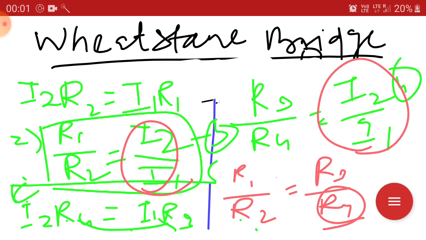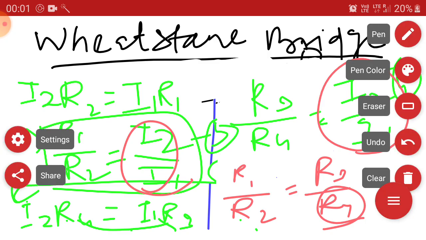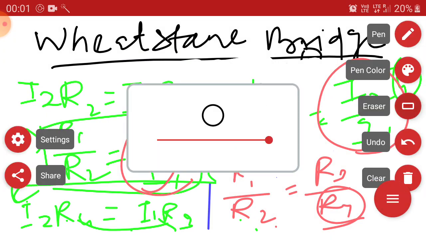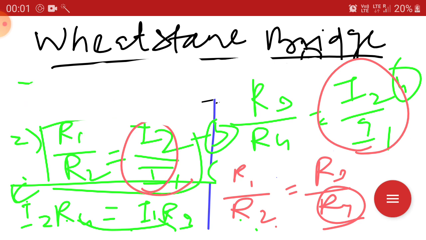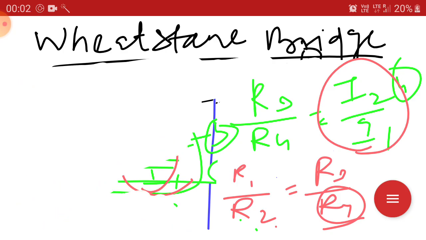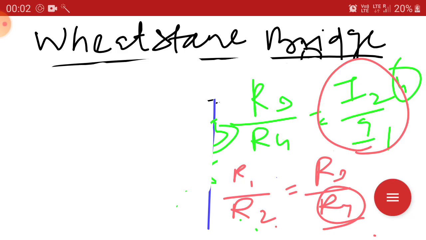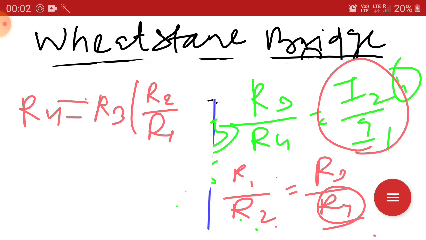So here we have taken R4 as the unknown resistor, so you can calculate the unknown resistor R4 like this: R4 is equal to R3 into R2 by R1.